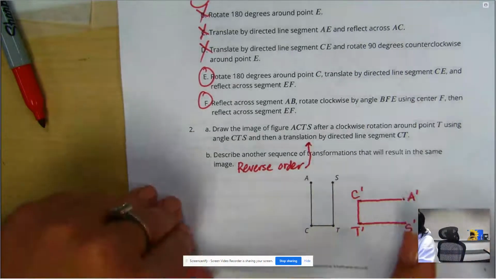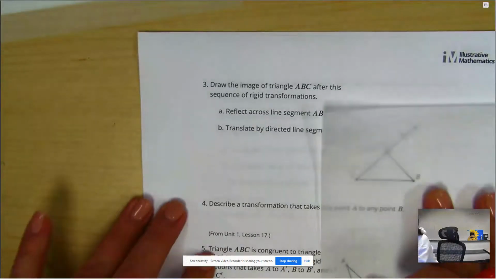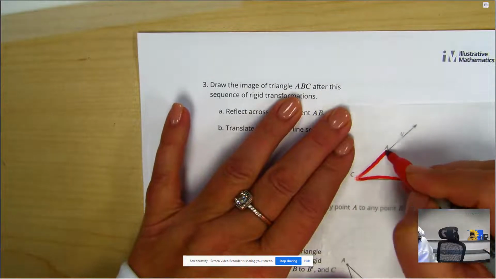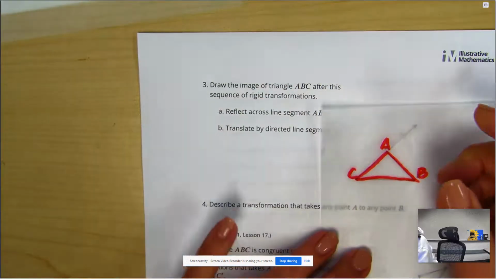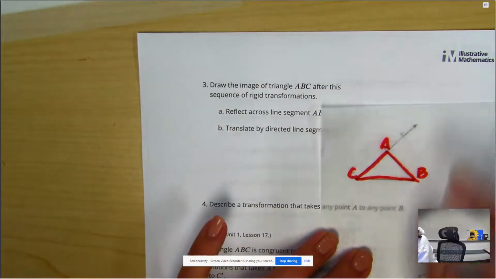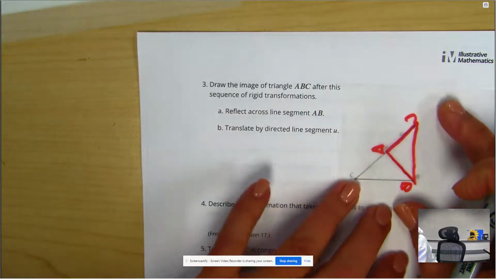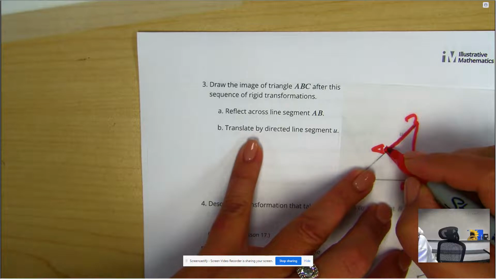All right, moving on. Number 3, draw the image of triangle ABC after this sequence of rigid transformations. A, C, B. Reflect across line AB. Then translate by directed line segment U, which is this one right here.